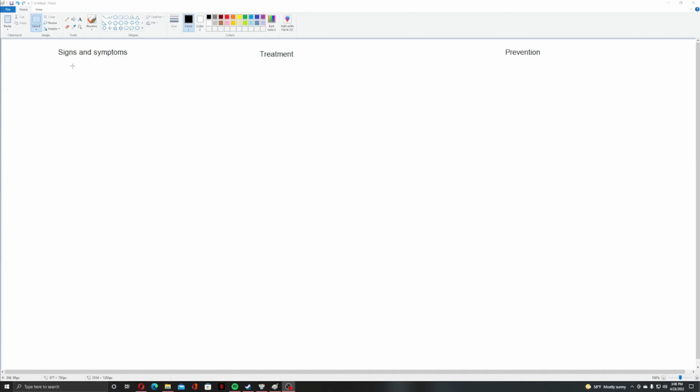So finally, we're going to take a look at signs and symptoms, treatment, and prevention. So starting off with signs and symptoms, some common ones that you might see is fever. You will see possibly some abdominal pain, along with the constant need to urinate.